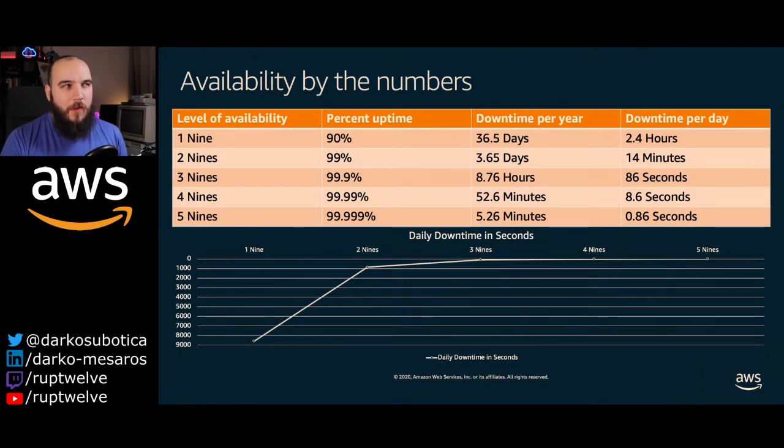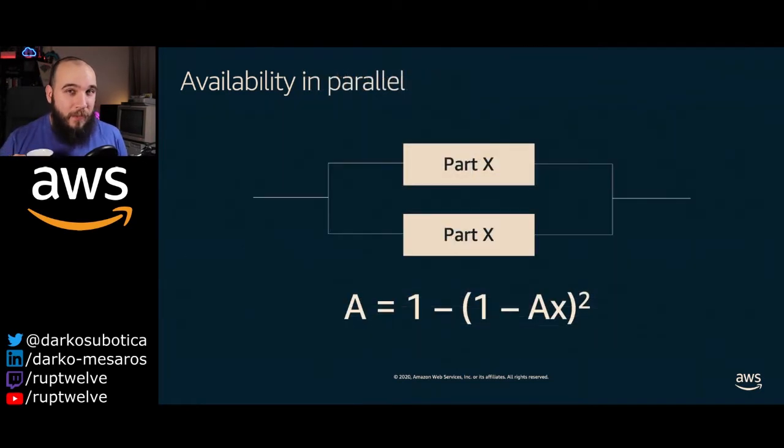So how can we increase the availability of a given system if, for example, our system is 99% available? We add another one. By actually adding things in parallel, we can increase the availability of the system. So in this example, if we have part X and part Y, well, actually both, let's say part X is 99% available.